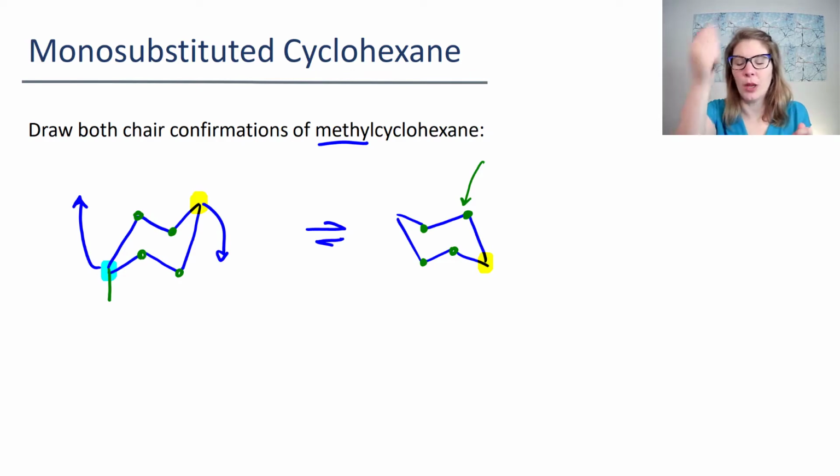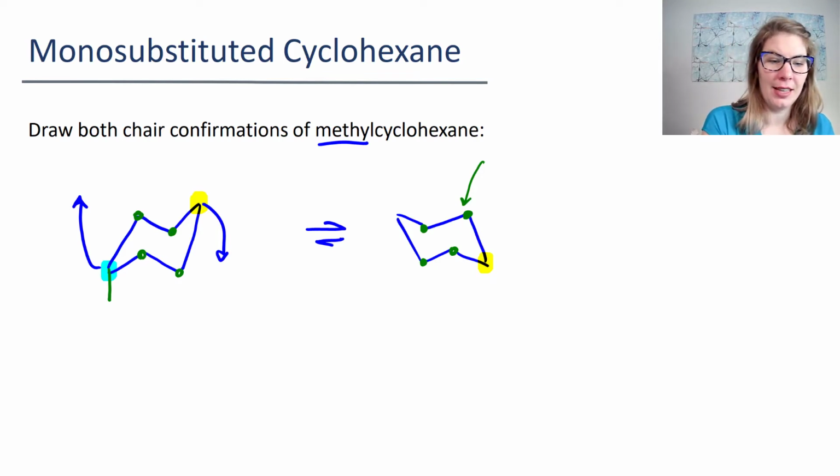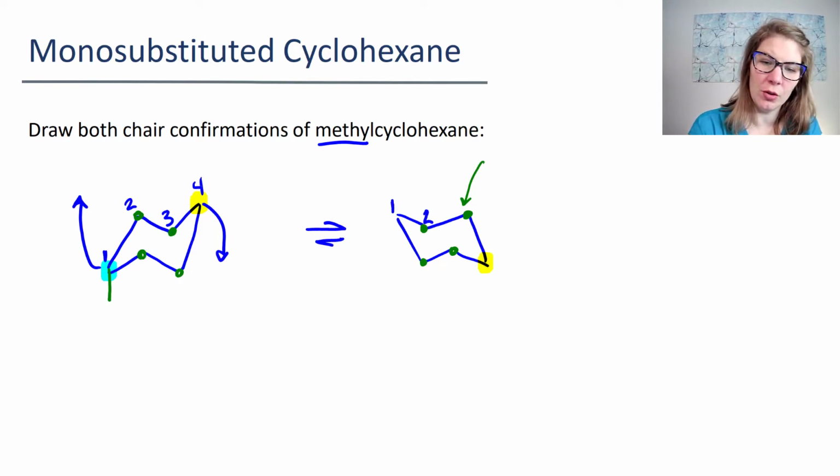What we're doing is we're pulling one carbon down, we're pushing one carbon up, and during that process, the directionality of the bonds changes. So that's one key to success in your chair conformations, is recognizing that if, say, this is carbon 1 right here, and this is 2, and this is 3, and this is 4, then over here, this is 1, this is 2, this is 3, and this is 4.